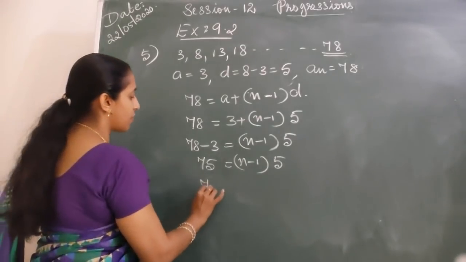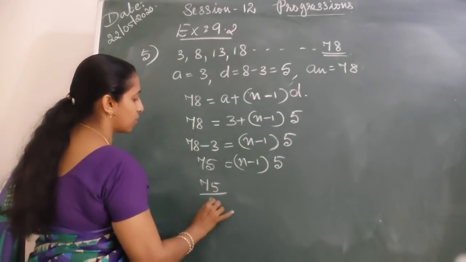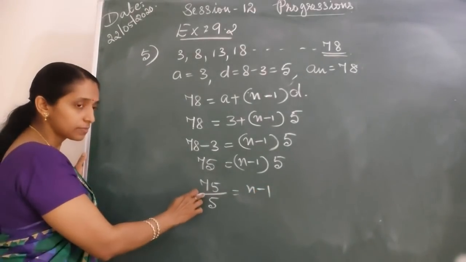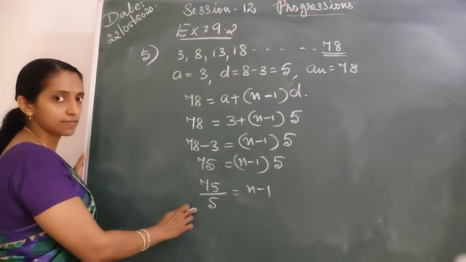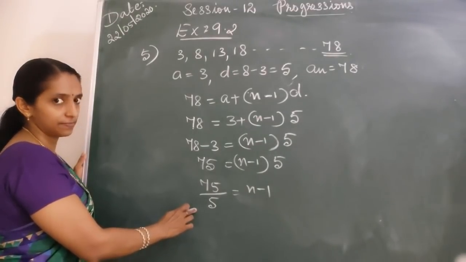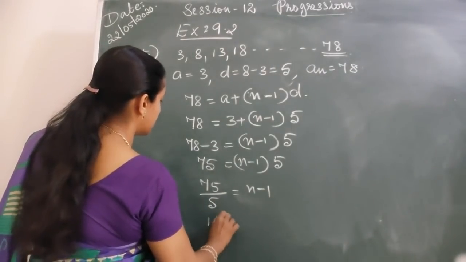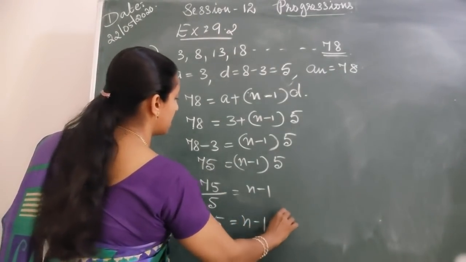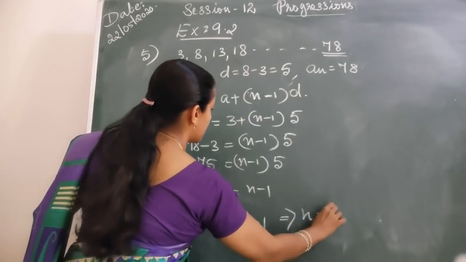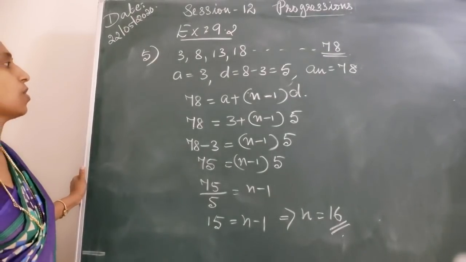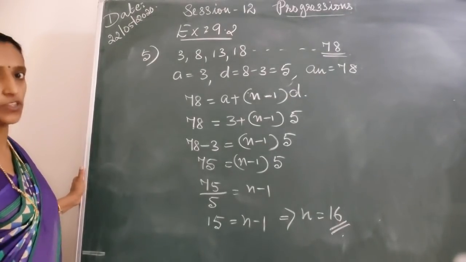So 75 upon 5 is equal to n minus 1. You are getting n minus 1 as, what will you get? 15, no? 15 is equal to n minus 1 implies that n will be equal to 16. So you got the value of n as 16.